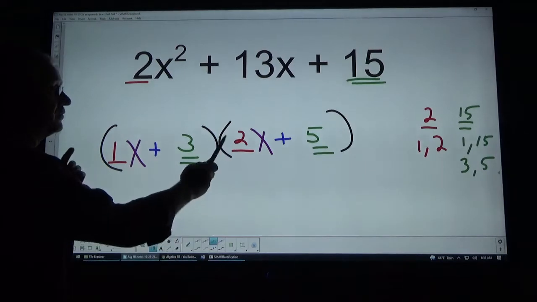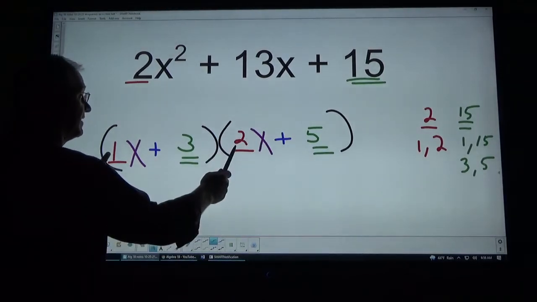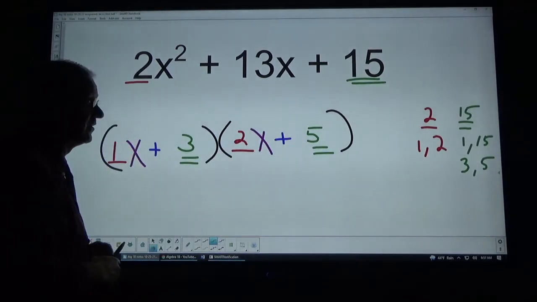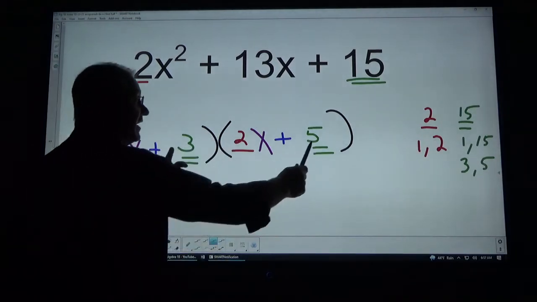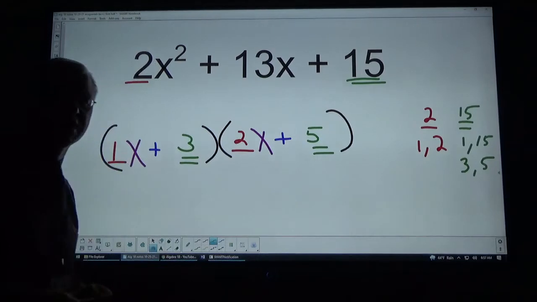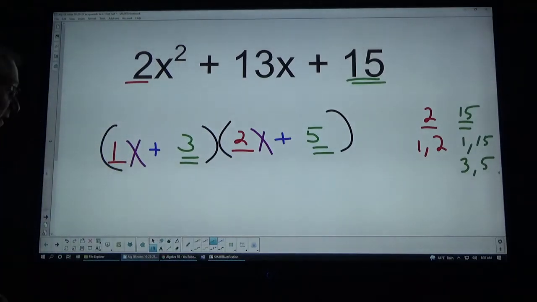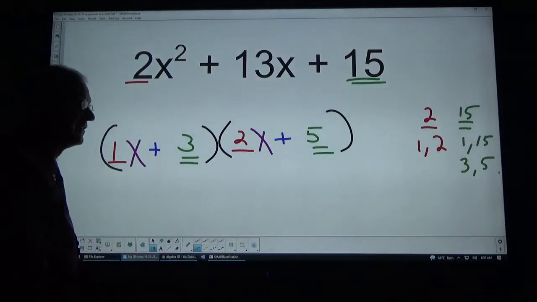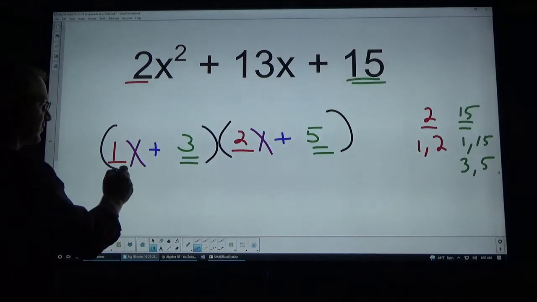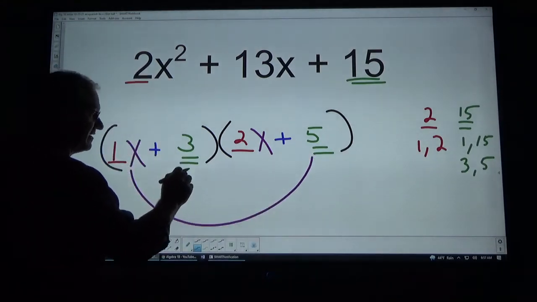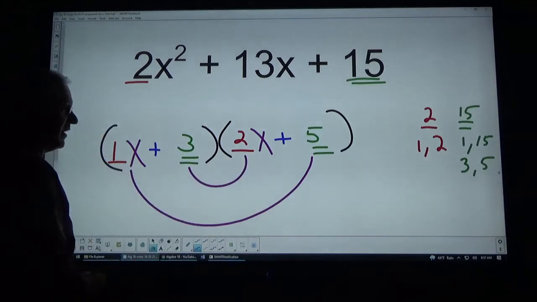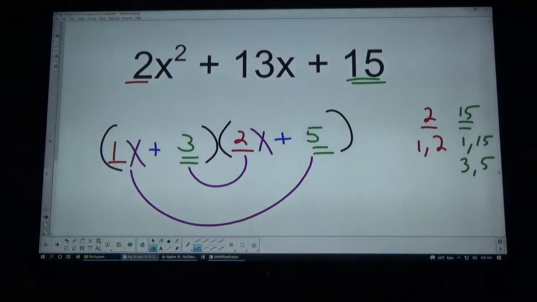Well, we know if we use a pair in red, that's going to multiply to give us 2x squared. And we know that as long as we put one of the pairs from green and I multiply those together, they give me the last term of 15. Well, how do I know what I get for the middle term? Well, if I distribute this outside pair and this inside pair, the results of that are going to be your middle term.